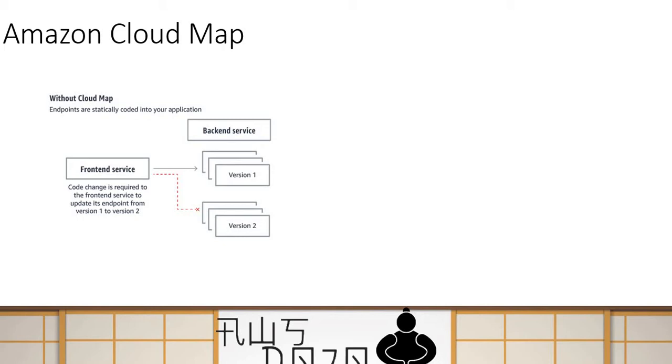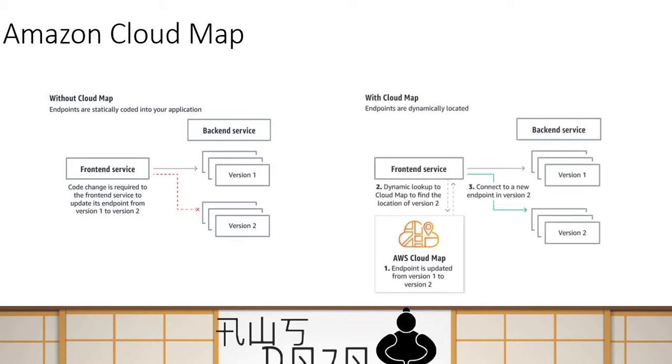What happens with Cloud Map is that you keep all these configurations, all this service discovery, in Cloud Map, and then your services can simply talk to Cloud Map to discover the services, and once they find their services, they can make calls to get the job done.